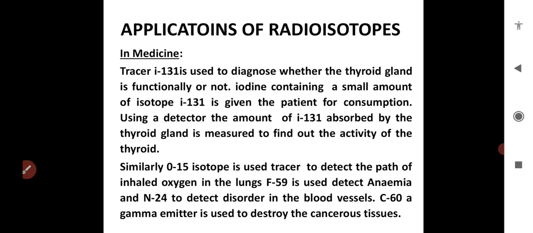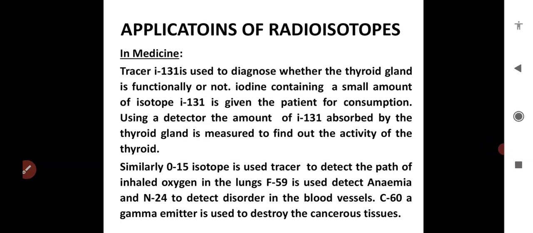Similarly, oxygen 15 isotope is used as a tracer to detect the path of inhaled oxygen in the lungs. Iron 59 is used to detect anemia conditions.